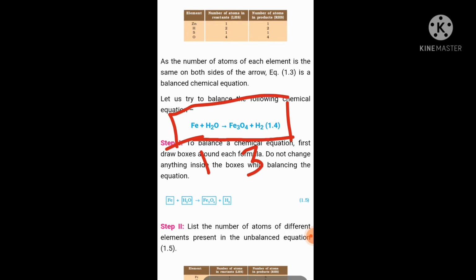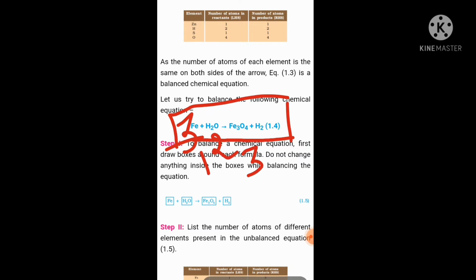So in order to balance it, you have to put 3. Okay. 3 iron, 3 iron. Now hydrogen 2, this side is also 3. Now see oxygen. Here 4 and here 2. Now put 2 here.